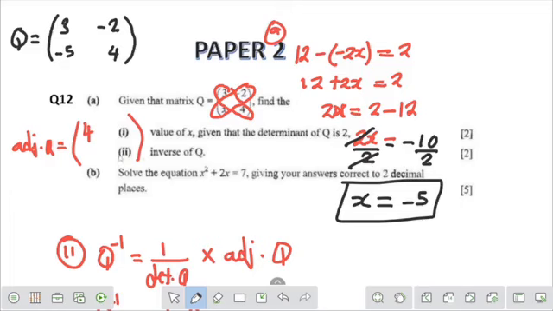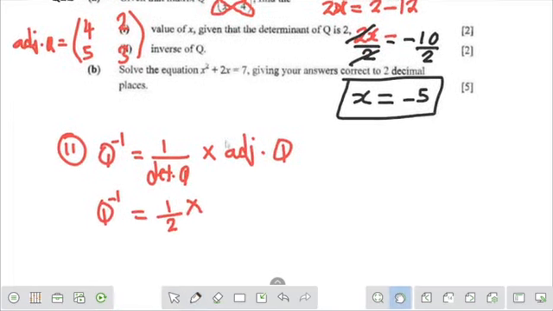The 4 will be here, the 3 will be here. Then we are going to add a minus sign to these trailing diagonal elements. So because this is a minus 2, it will be a plus 2, and this is a minus 5, it will be a plus 5. That's how we find the adjoint of the matrix. So this same matrix now, we are going to just substitute it there.